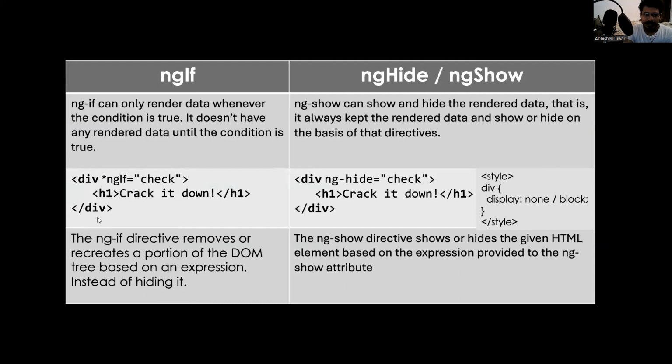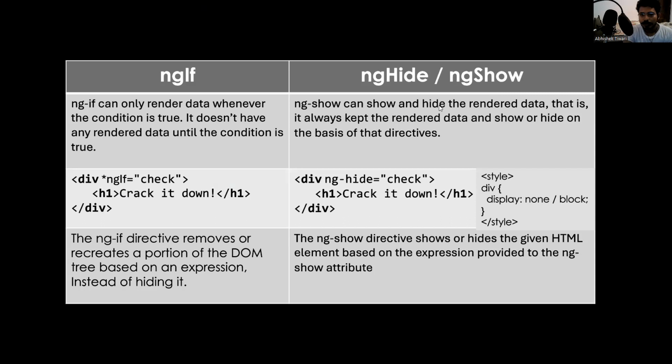Now, what is the procedure behind its rendering? See here, it doesn't have any render data until the condition is true. Whenever this condition becomes true, this data gets visualized on your UI. What happens in NgHide and NgShow?